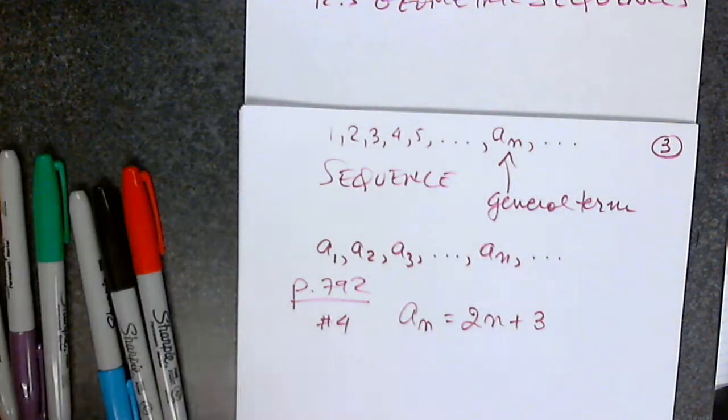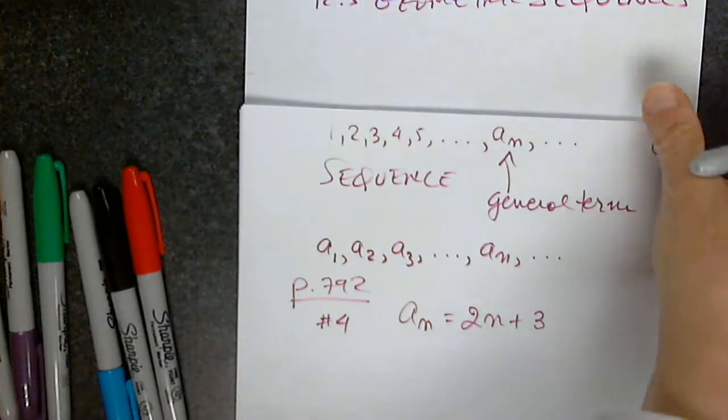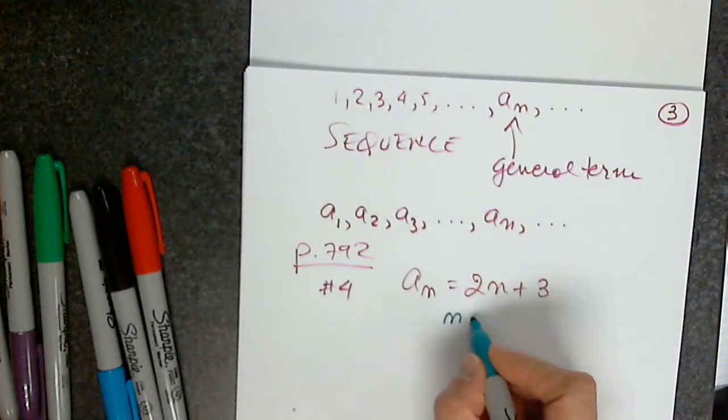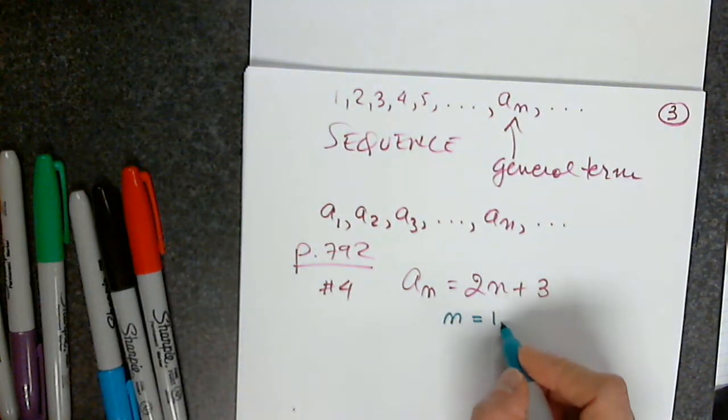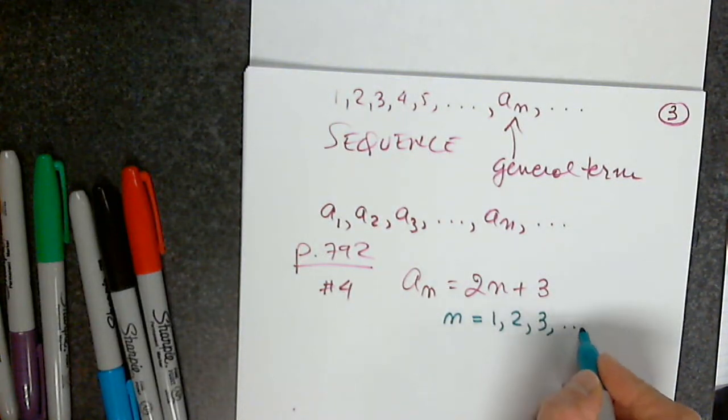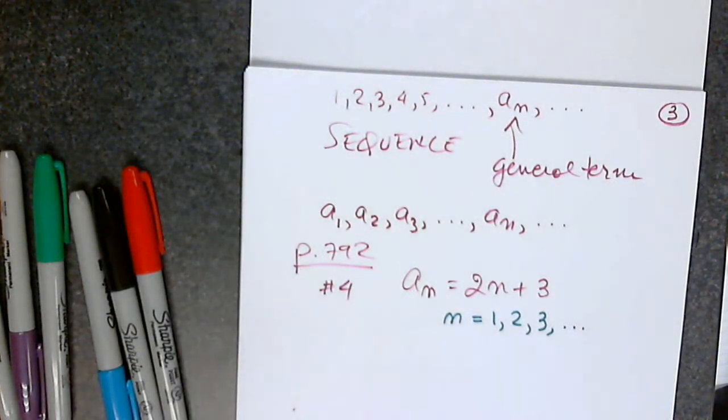Now, we have to remember that n, unless otherwise stated, starts with 1, 2, 3, and so on. So we're asked to find the first 4 terms and the 100th term of the sequence.